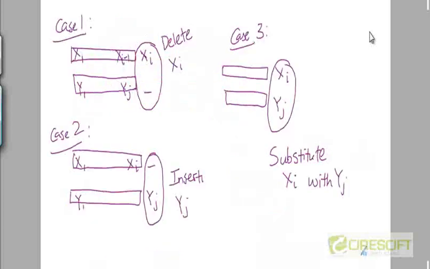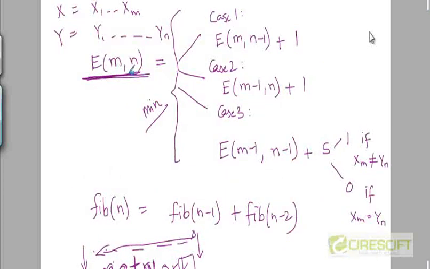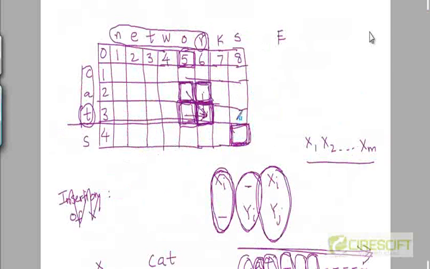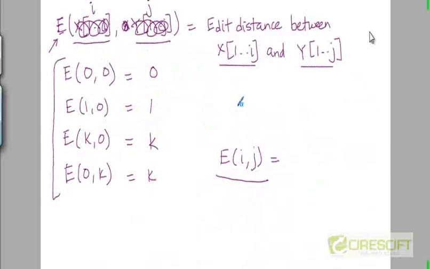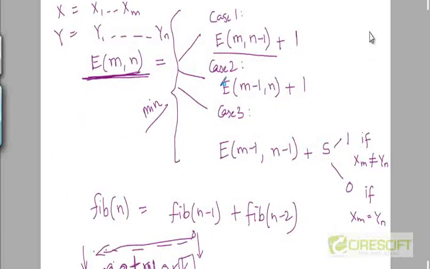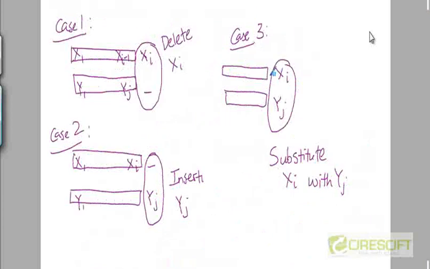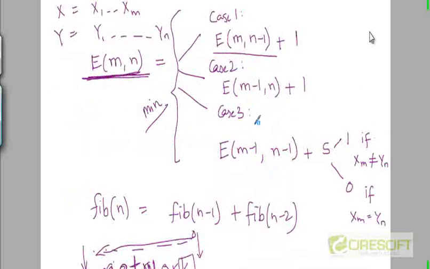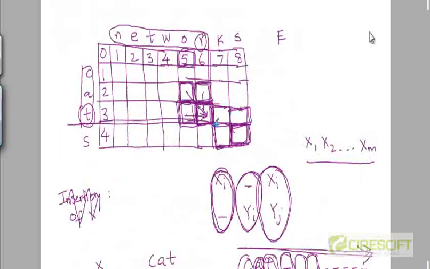Now E of m comma n is expressed in terms of E of m comma n minus 1, which is the value in this particular cell, and E of m minus 1 comma n, which is the value in this particular cell, and E of m minus 1 comma n minus 1, which is the value in this particular cell.